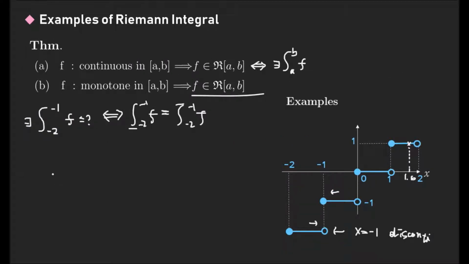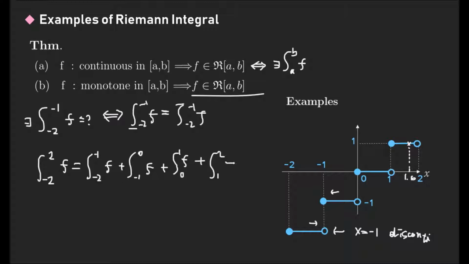And if we calculate, for example, the integral from minus 2 to 2 of f, in this case, we can split it into each area: minus 2 to 1, minus 1 to 0, 0 to 1, and 1 to 2.